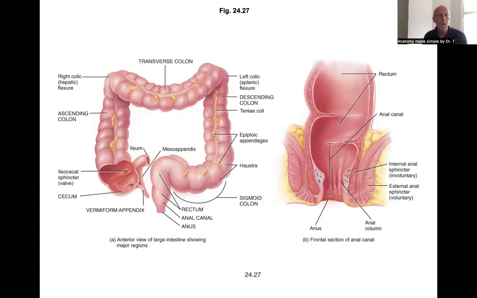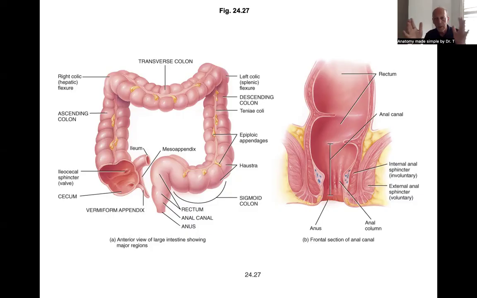However, arrangement of the longitudinal muscle fibers in the muscularis layer practically condenses them not to go 360 degrees circumferentially around the lumen of the large intestine, but rather condenses them in the form of three longitudinally running bands. These bands are illustrated here, and they're called tinea coli. You can see here one, here's another one, and of course the tinea are now having effect of what is called kind of drawstring effect.